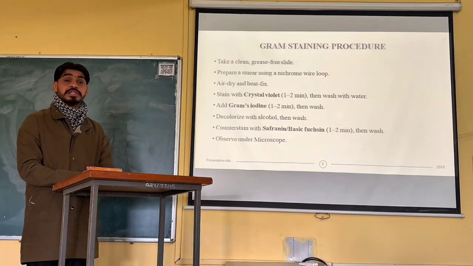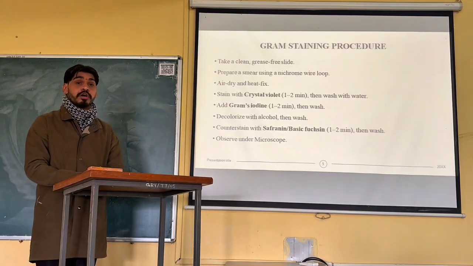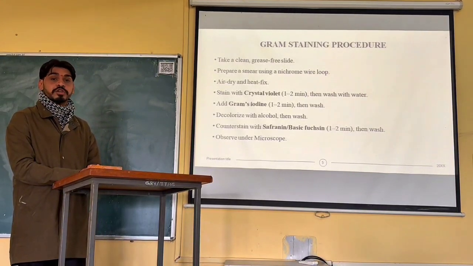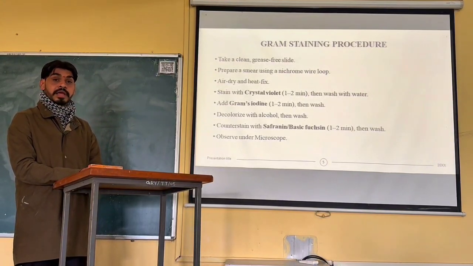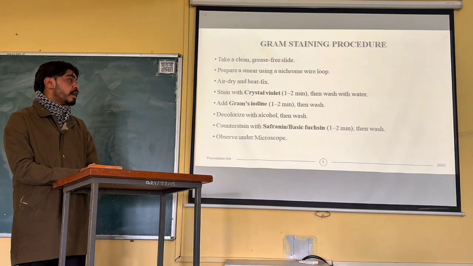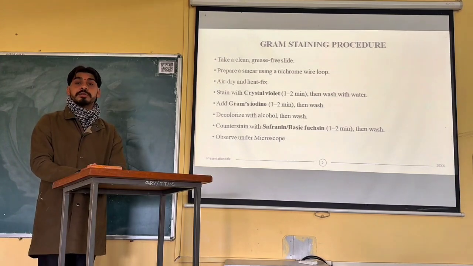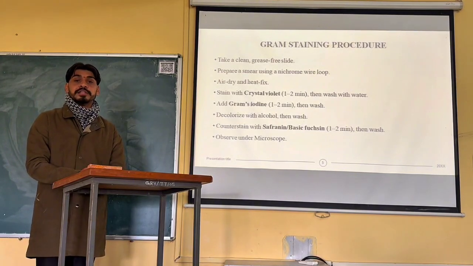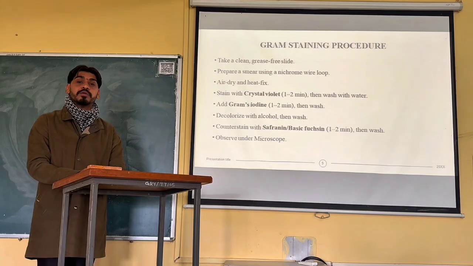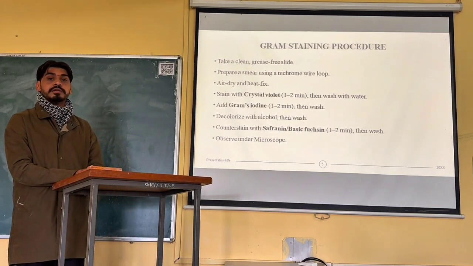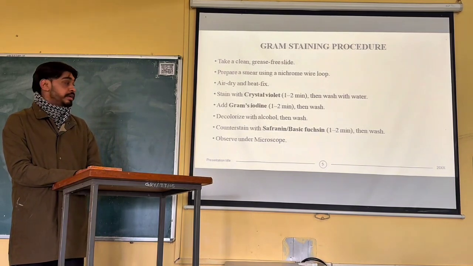Later, we are going to stain the smear with crystal violet for around 1 to 2 minutes. Later, we have to wash it under the wash basin by a tilting mechanism. Later, we have to add gram iodine solution for around 1 to 2 minutes.